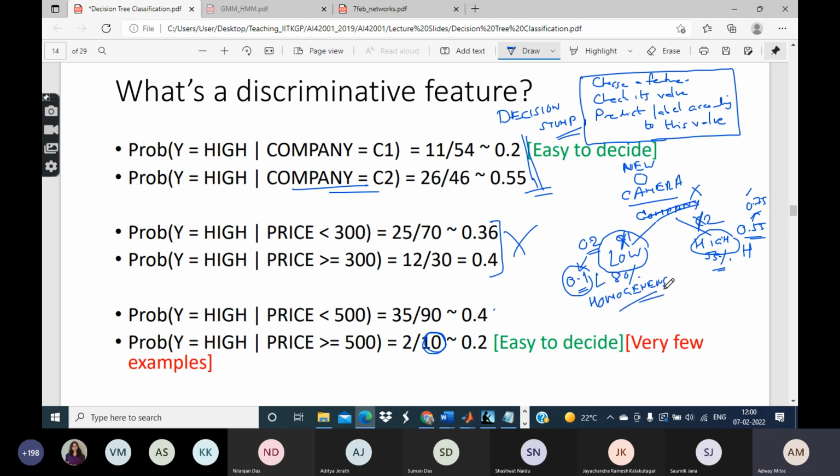So why is that important? Whether it's homogeneous or heterogeneous, how does it matter? The more homogeneous it is, the more easily we can separate it. Exactly. Suppose one new camera comes into this cluster.